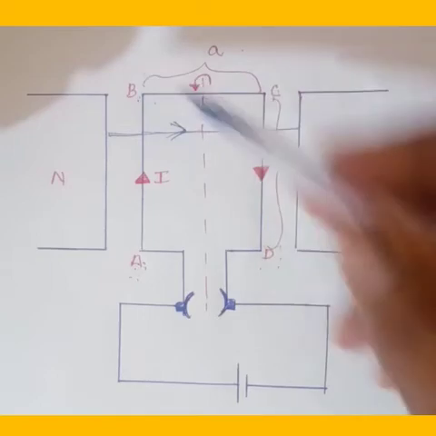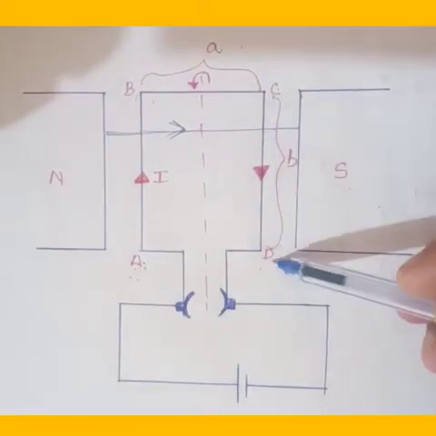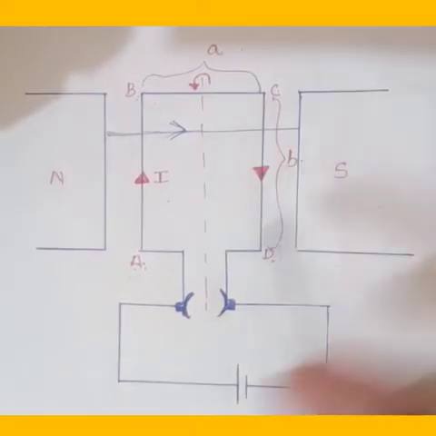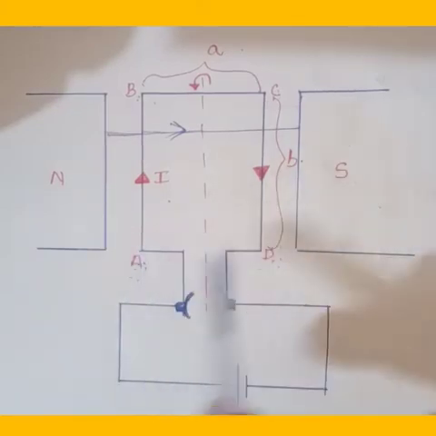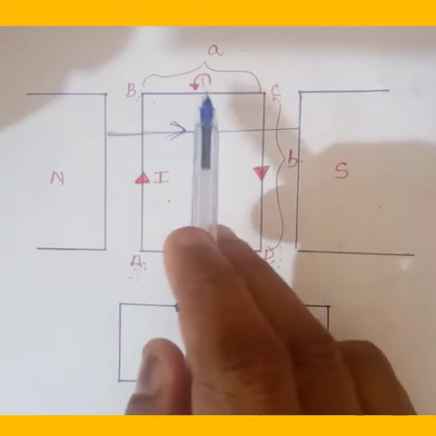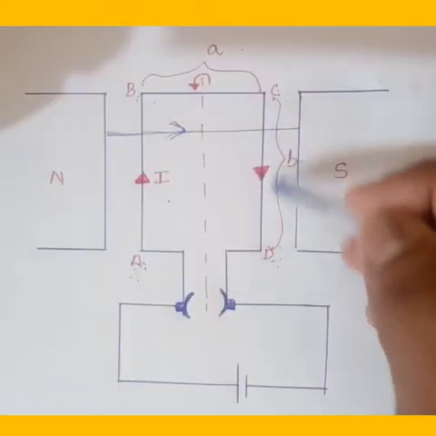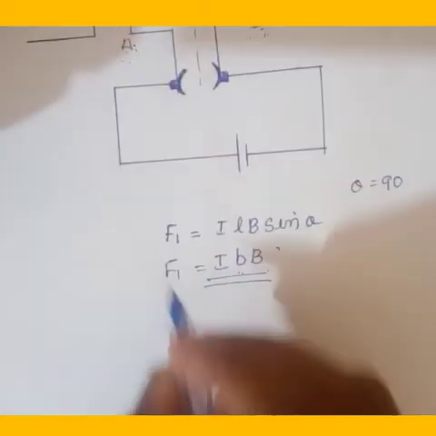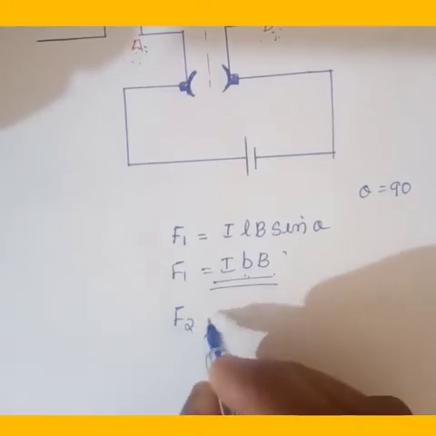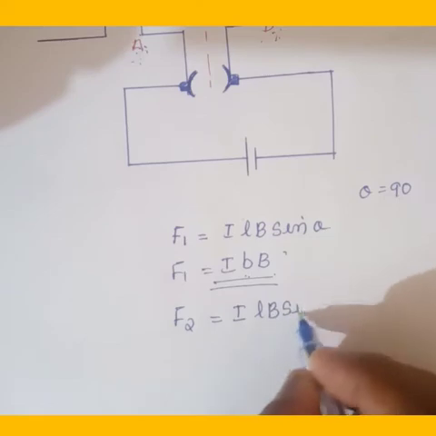Then what about the arm DC? In that case the current flows in the opposite direction. With the presence of this magnetic field and current, a torque is exerted on the loop. That means the rectangular coil is rotated in the anti-clockwise direction. You have to find the force exerted on the arm DC also. F2 is equal to I L B sin theta.